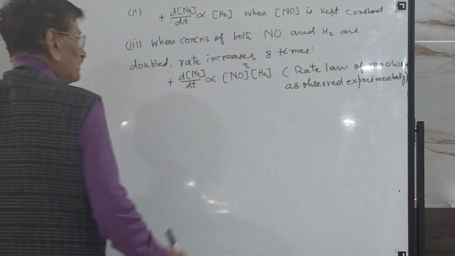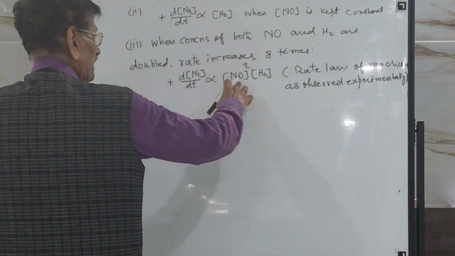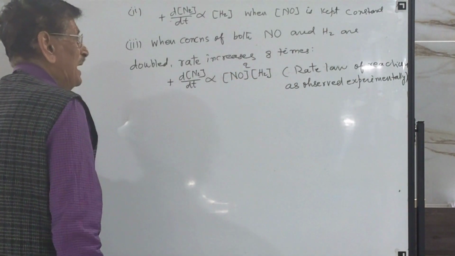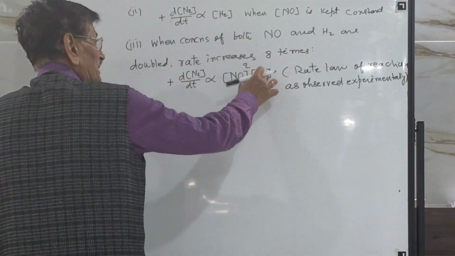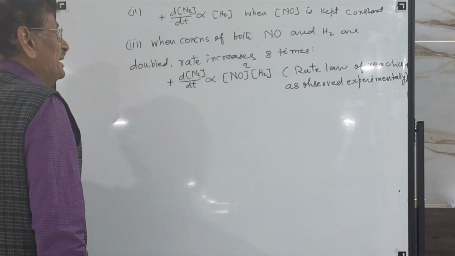Now, here the order of reaction will be what? The power of NO, which is 2, plus the power of hydrogen, which is 1: 2 plus 1, 3.